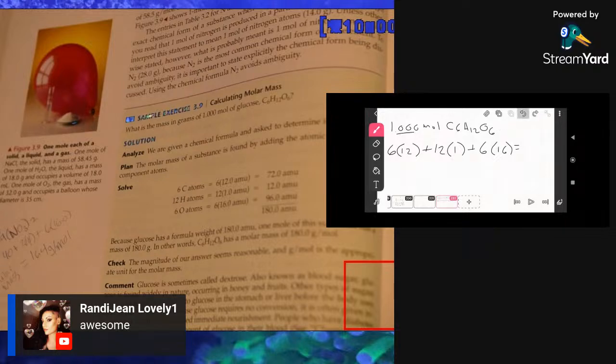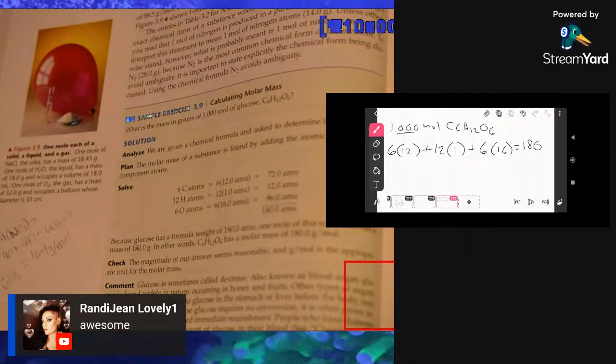All right, so if I'm correct, this should be 180. I think it's 180. You see that?